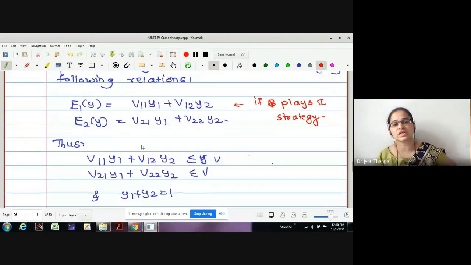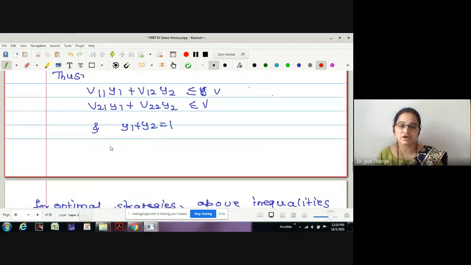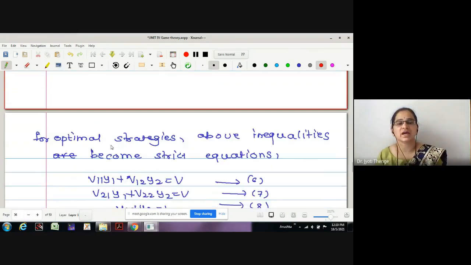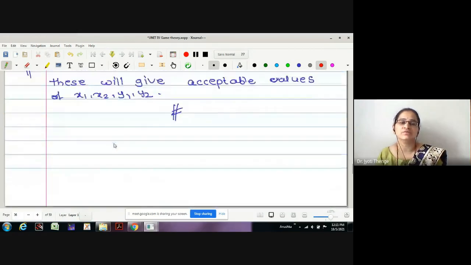Whatever is the maximum among these must be equal to V. Therefore, both the values E1y, E2y must be less than or equal to V. Again we have obtained three equations. Again, solving them, we have obtained the values of y1, y2 and V.